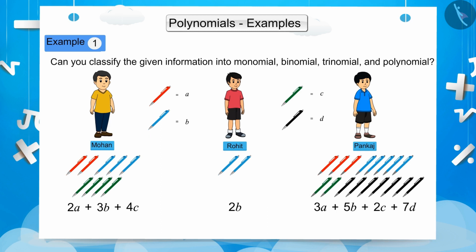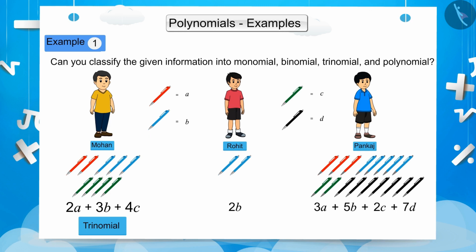Mohan has 3 types of pens with him. We know that the expressions that have 3 unlike terms are called trinomials. Therefore, 2A plus 3B plus 4C will be called a trinomial.